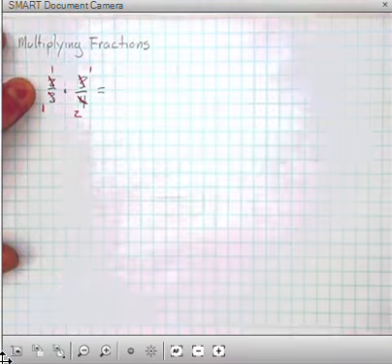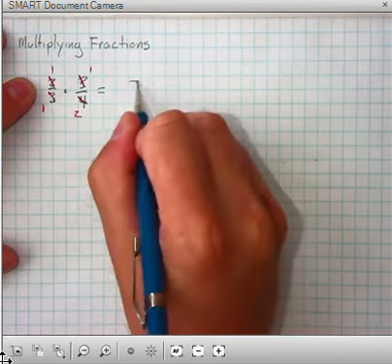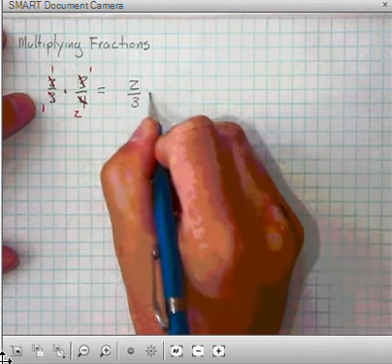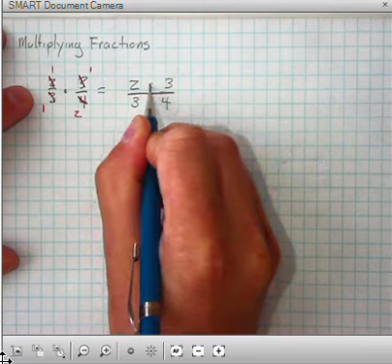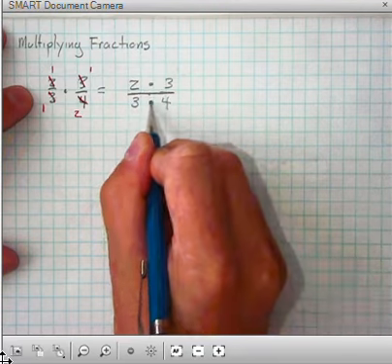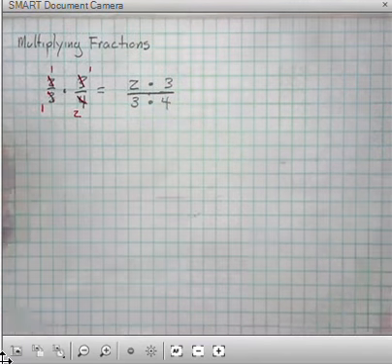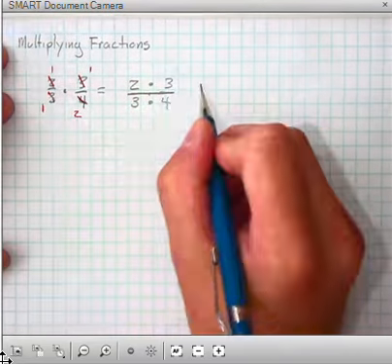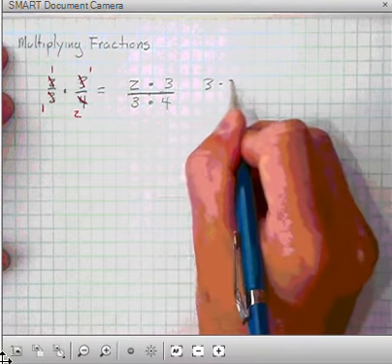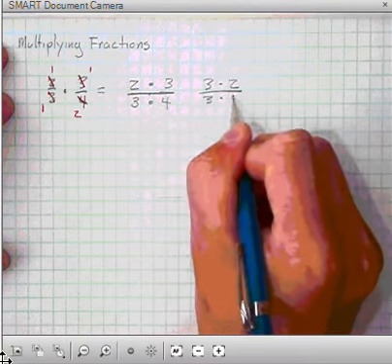Here's why that works, right? So if I do 2 over 3 times 3 over 4. Aubrey said we do numerator times numerator, denominator times denominator. The order does not matter that we multiply. It's the commutative property. So I could say 3 times 2 over 3 times 4.